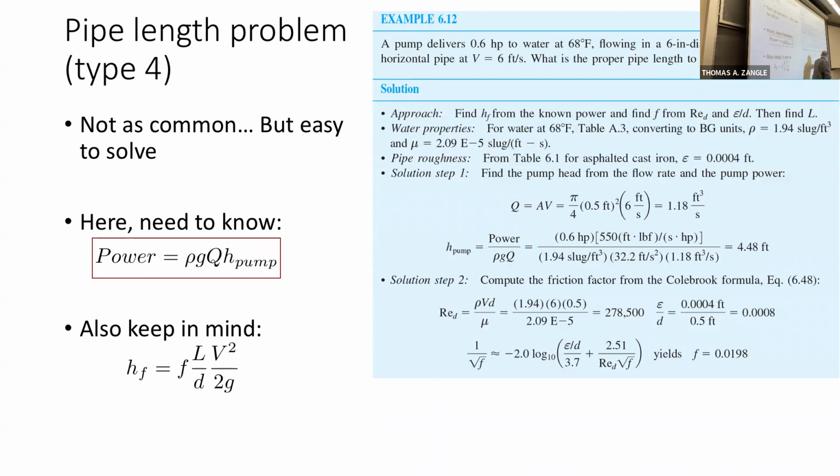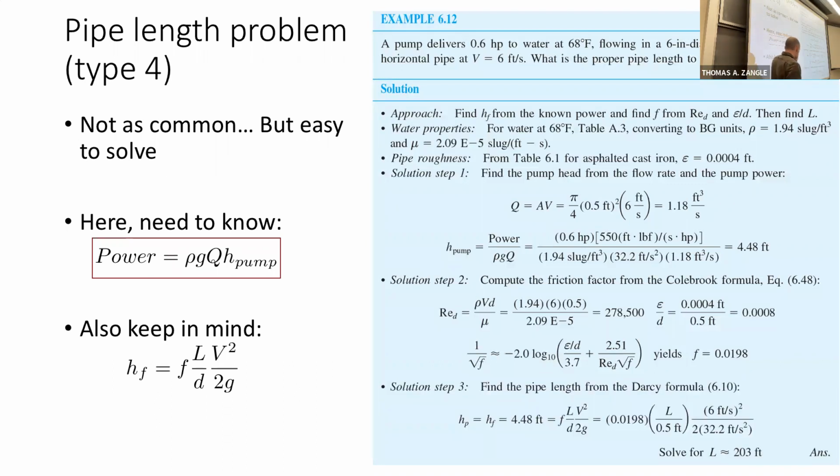Actually, no, sorry, this is the Colebrook equation, and you can use the Colebrook equation, which requires some iteration on its own to solve for f. Then we get f is 0.0198. And then we can find the pipe length from this expression. Plug in and find the pipe length. Okay. All right. Any questions on this?